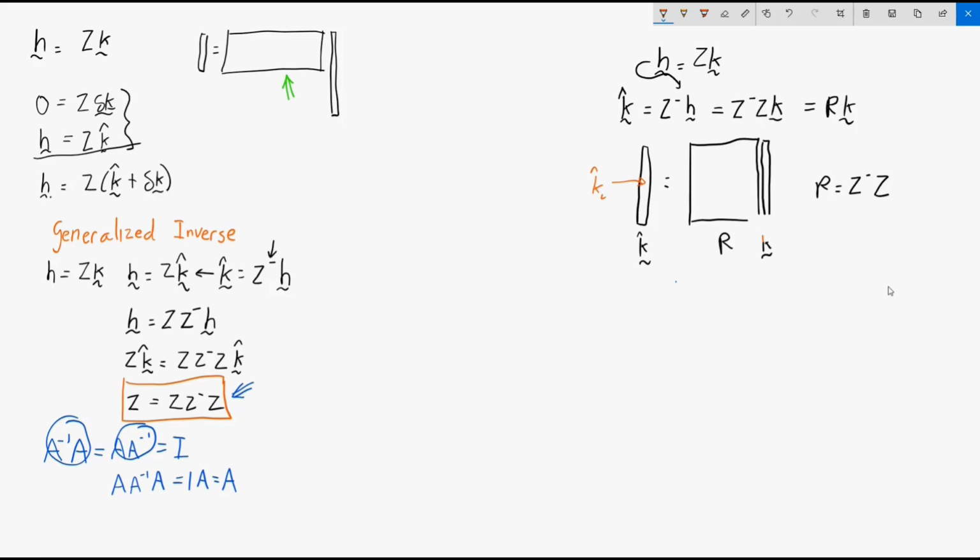I will never know k hat. I'll know k hat, but I'll never know k. To calculate k hat from k, if I ever could, I would go along the row and down the column, that is matrix multiplication.